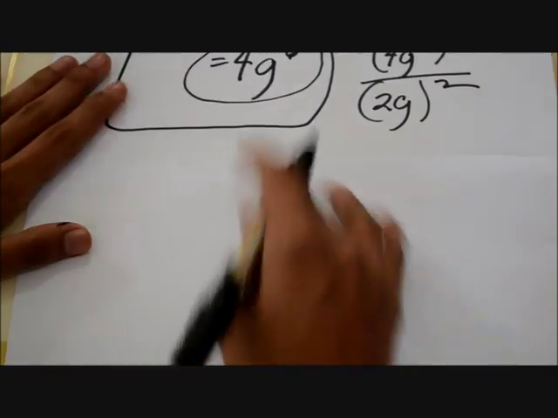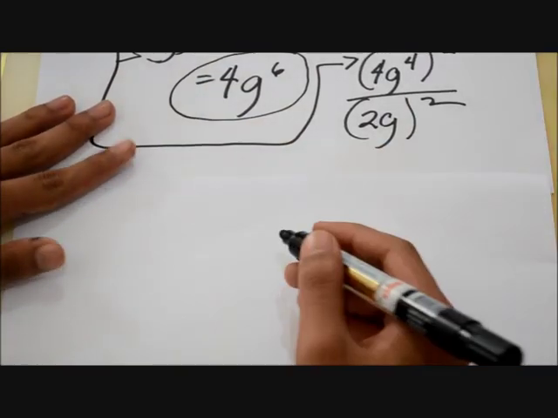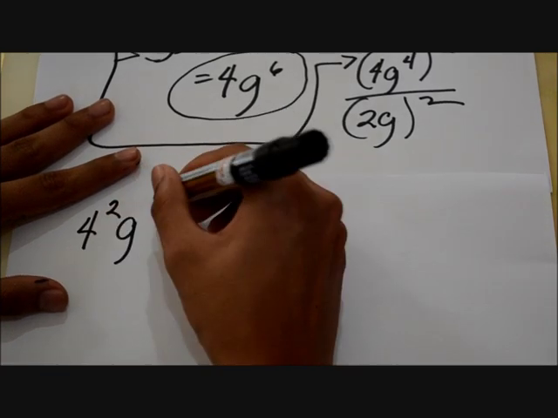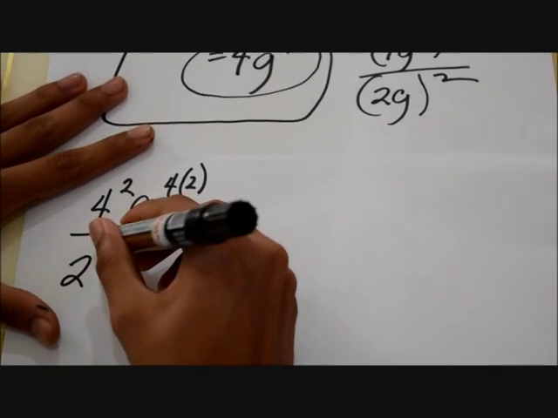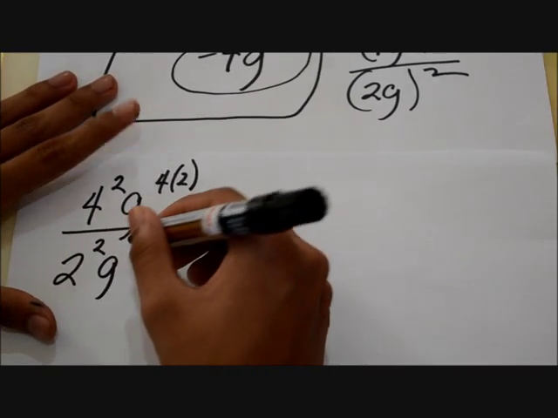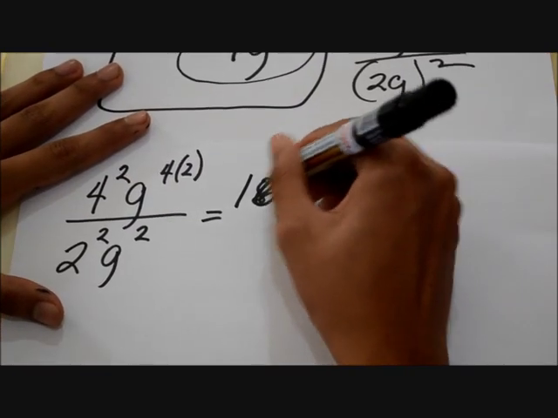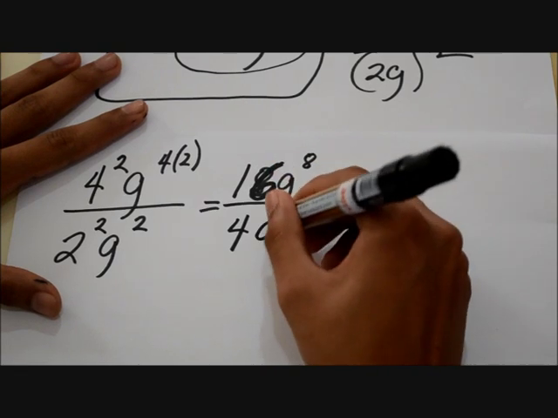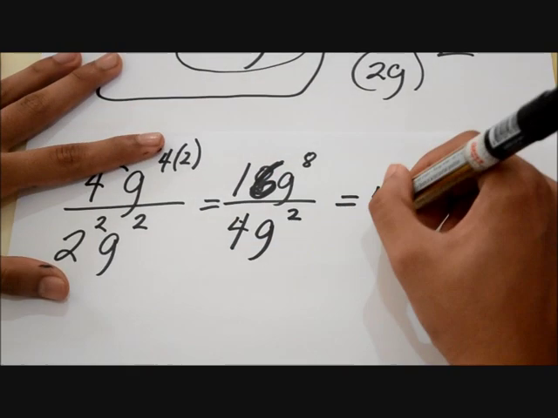We distribute the power, giving us 4 squared grams raised to the power of 4 times 2 over 2 squared grams raised to the power of 2, giving us 16 grams raised to the power of 8 over 4 grams raised to the power of 2.